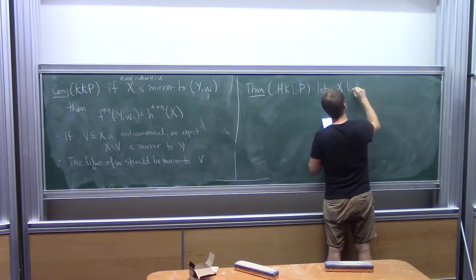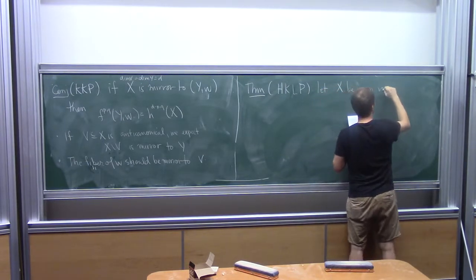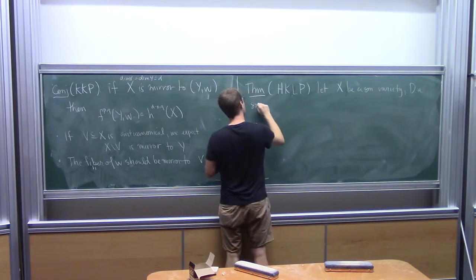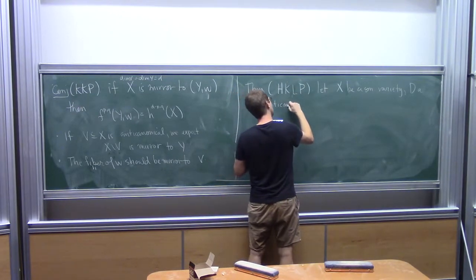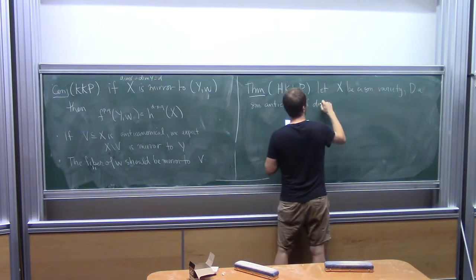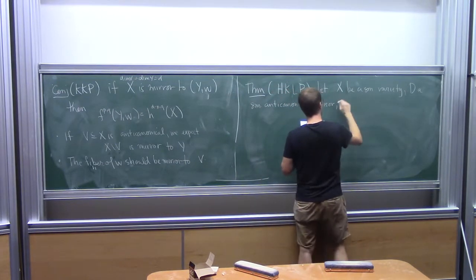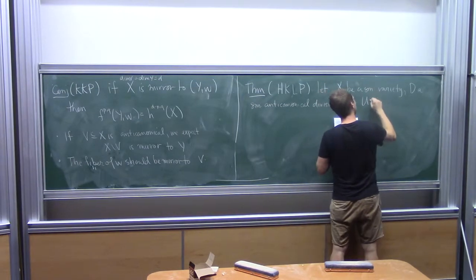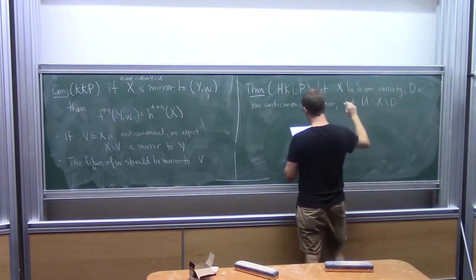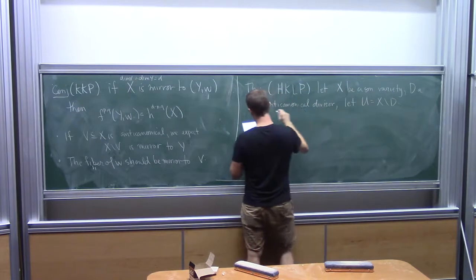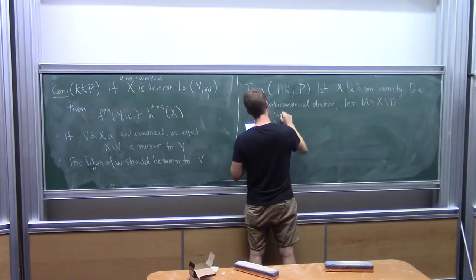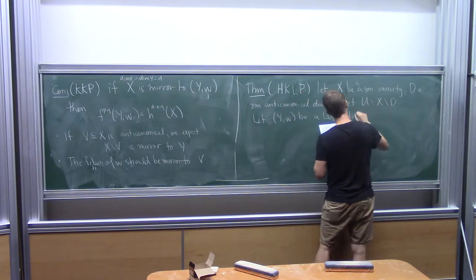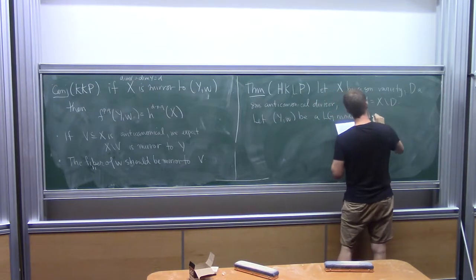Let X be a variety, D a smooth anticanonical divisor, and let U be X minus D, the complement, and let (Y, W) be a Landau-Ginzburg model such that W is proper.